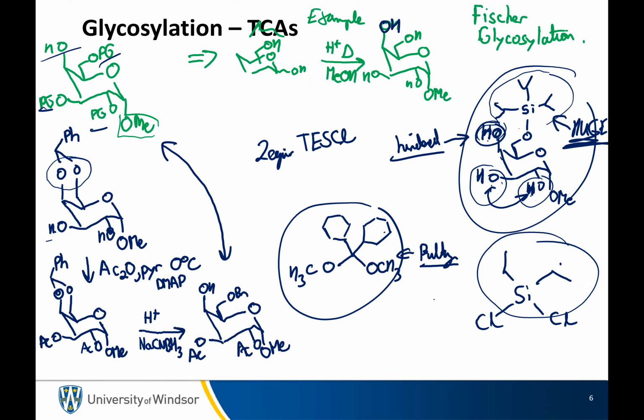We looked at two different strategies to do that. One was Ronaz's initial strategy, which was bulk up C6 so much that nothing ever wants to go on C4, and then use moderately sized protecting groups to make sure our protecting groups go on 2 and 3 and not on 4. That's fine. And then we use what I think is my preferred strategy, which is tie up 4 and 6 together, then tie up 2 and 3 with Hazel's recommendation of acetates, and then liberate 4 to get the OH.